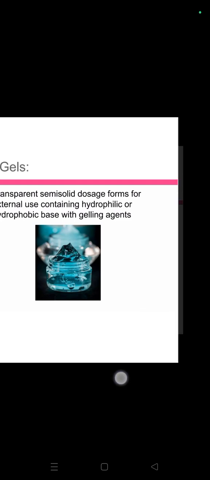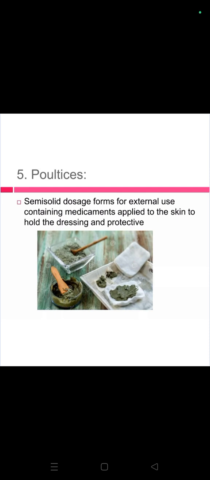Transparent semi-solid dosage forms for external use containing hydrophilic or hydrophobic base gelling agents. Then fifth one is poultices. Semi-solid dosage forms for external use containing medicaments applied to the skin to hold the dressing and protective.